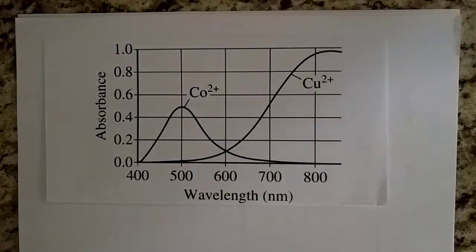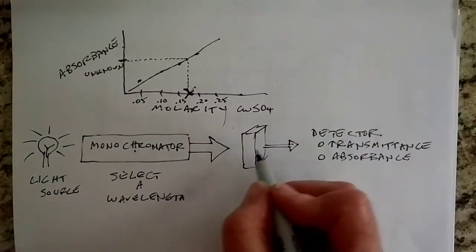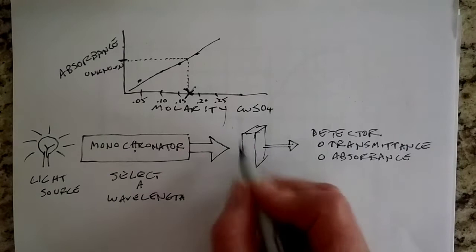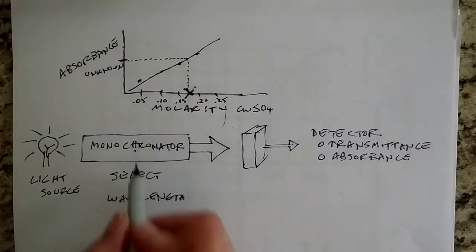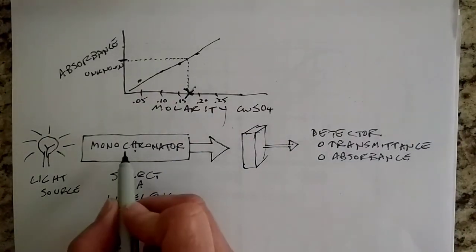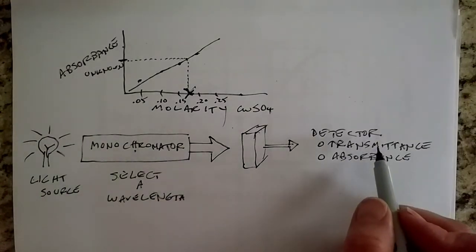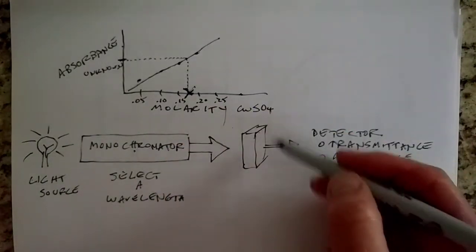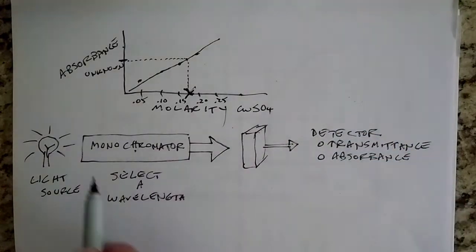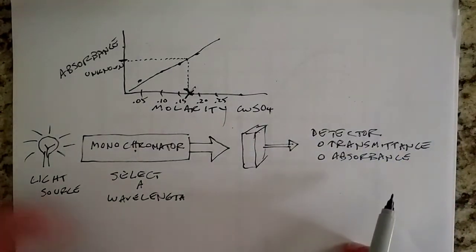So what is different now is that we're going to put one solution into our cuvette, and then we will select a wavelength, measure the absorbance, change the wavelength, measure the absorbance, change the wavelength, measure the absorbance. So before we were changing what was in the cuvette and we were keeping the wavelength the same. Now to select our wavelength, we're going to keep the solution the same and change the wavelengths.